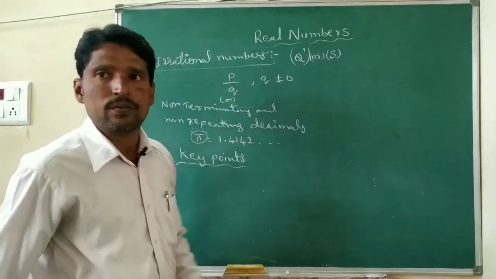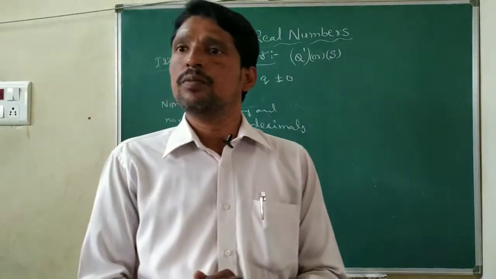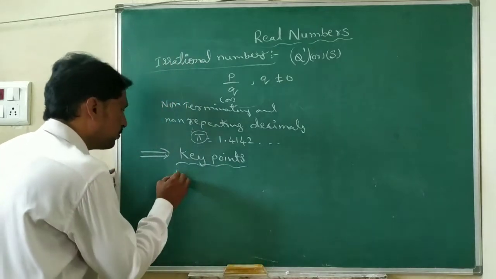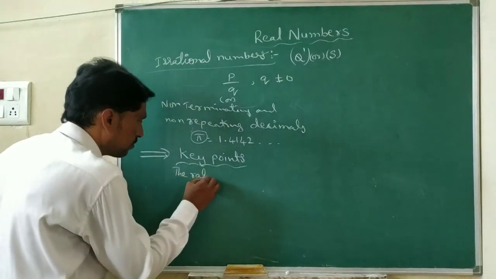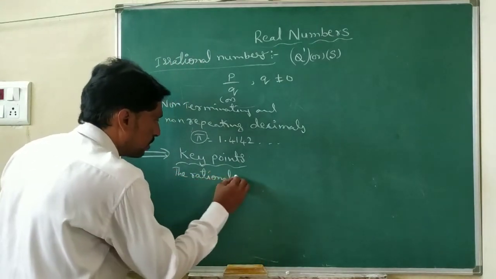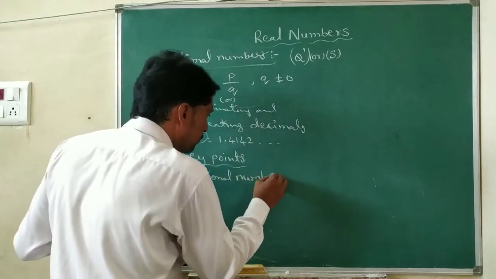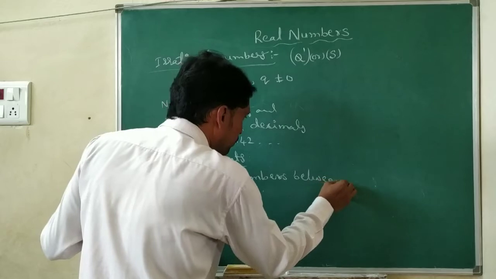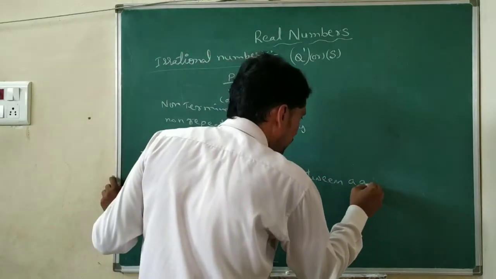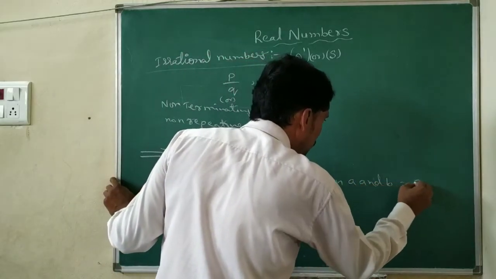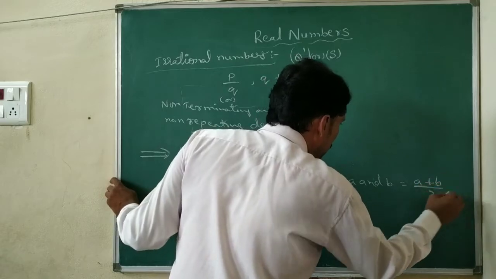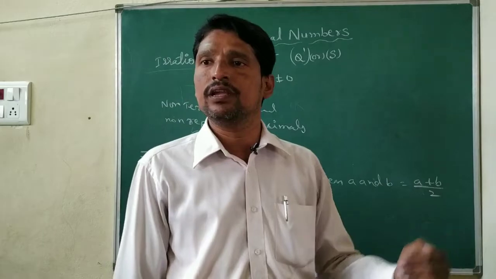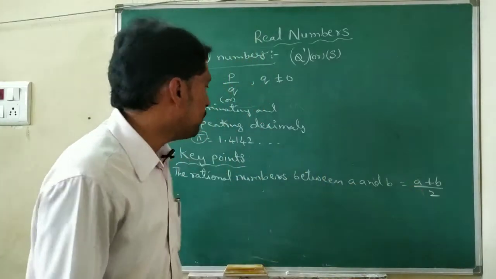Some key points are there. What are the key points? The rational numbers between any two rational numbers, for example a and b, equal a plus b by 2. We need to use the formula: the rational number between a and b equals a plus b by 2.